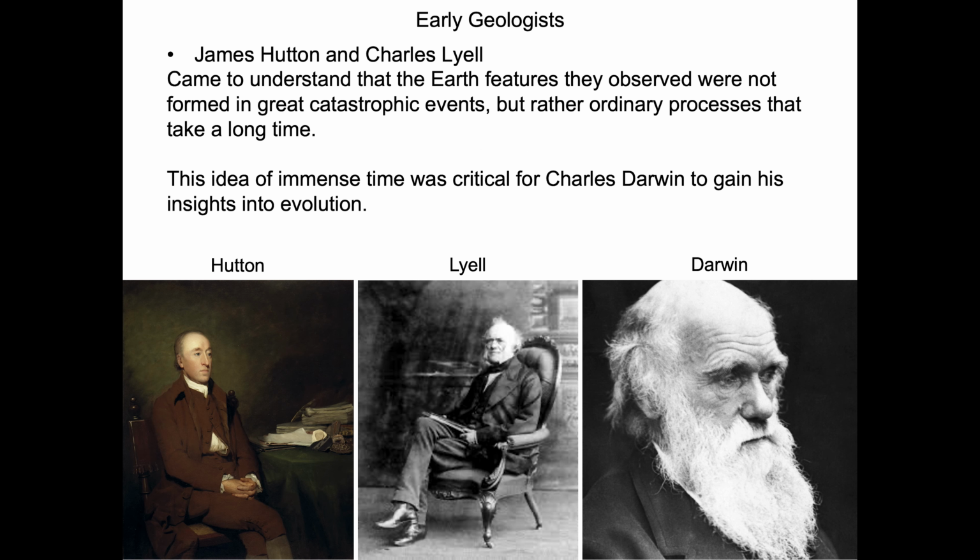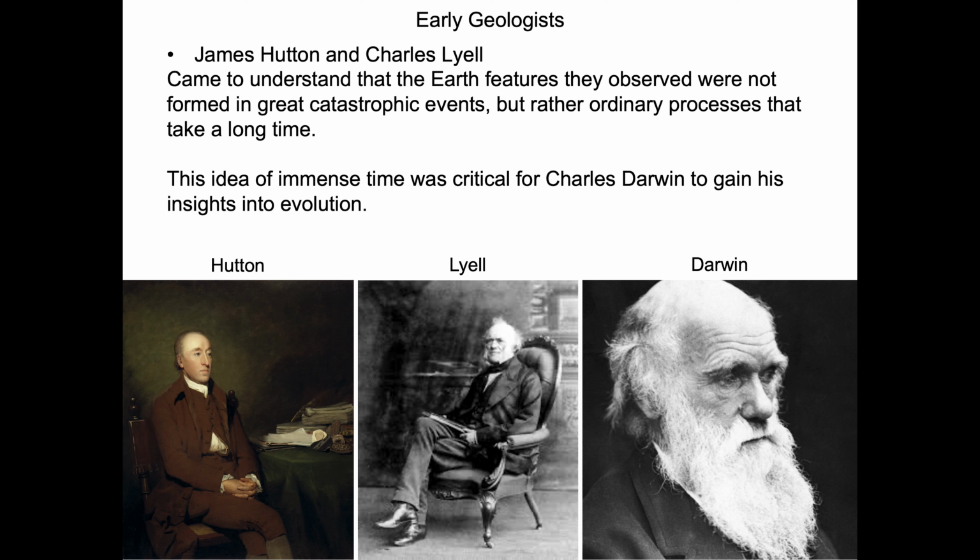Early on, geologists such as James Hutton and Charles Lyell realized that the features they observed on the Earth's surface were not formed in catastrophic events. That was one leading theory at the time. Big things were caused by big events, and the big event was the flood, Noah's flood. Very upsetting to Kuhn.